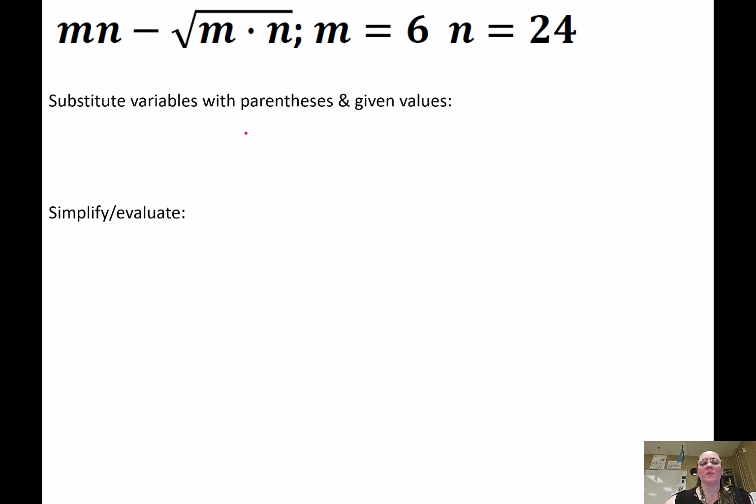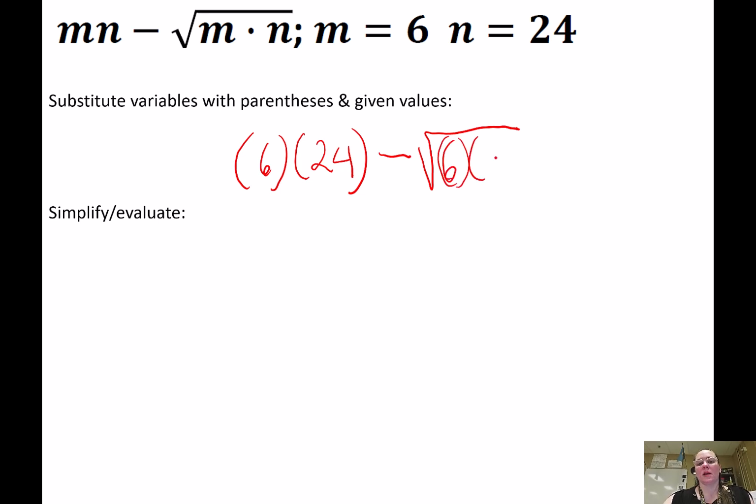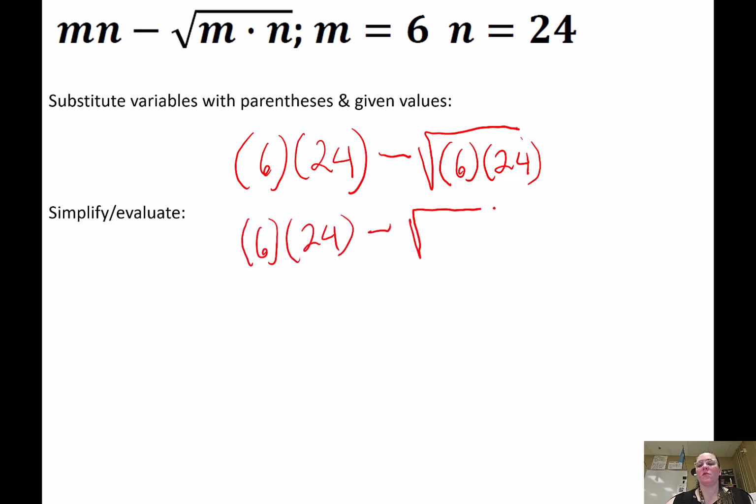So we've got m is equal to 6 times our n, which is 24, minus the square root of 6 times 24. Okay, because we have that radical symbol, we're going to work with that first. The 6 times 24 underneath the radical, well, 6 times 24 is 144.